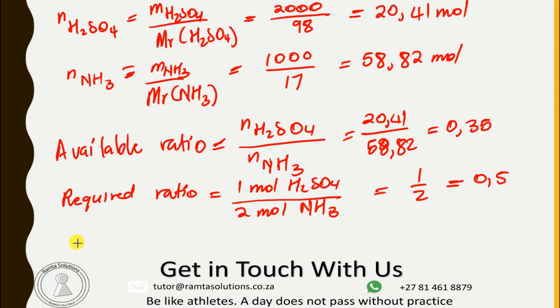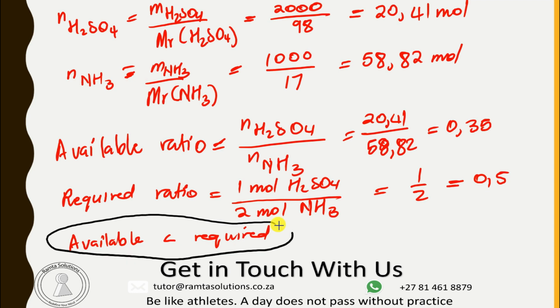Now check this out. Remember a green robe that David loves, right? What you are seeing here is that available is less than required. Remember, if available is greater than required, denominator will be limiting.